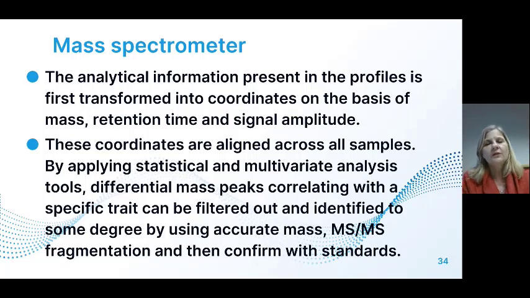What's important when we look at the mass spectrometer is that the information we look at is the mass to charge ratio. So it gives you the mass, it gives you the retention time, and it also gives you a signal amplitude, so it gives you an indication of the concentration.